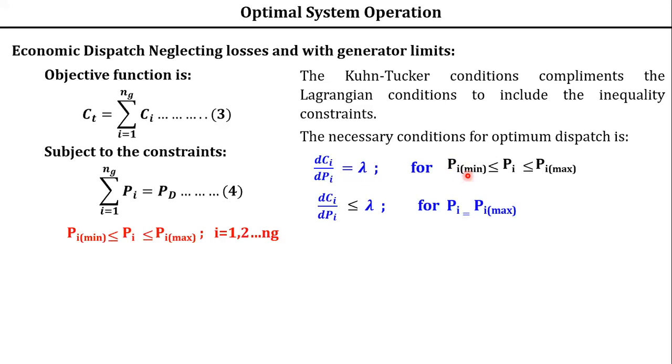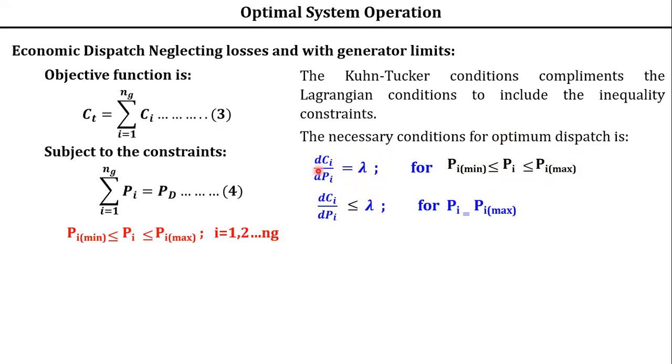This is when it is operating within the limits, that means if Pi is greater than or equal to Pi minimum and less than or equal to Pi maximum. That means if it is not violating either the lower limit or the upper limit, then the necessary condition for optimal dispatch is dCi by dPi equal to lambda. Please remember these Kuhn-Tucker conditions.